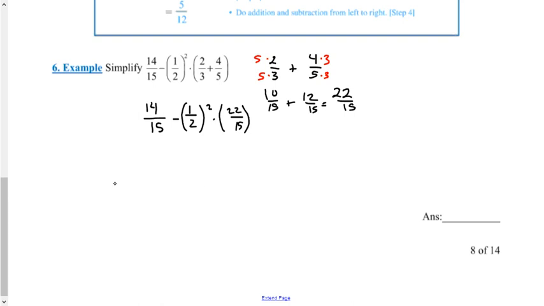Okay. The next thing I'm going to do, you might look at this and say, well, hey, I grew up with PEMDAS and I'm looking at parentheses, so I got to do parentheses. But the thing is, when we use that, there's nothing to do inside the parentheses. This is just a half. Nothing to do there. This is just 22/15. Nothing to do there. So we would move down to the next one. There's no more groupings. Now we do the exponents.